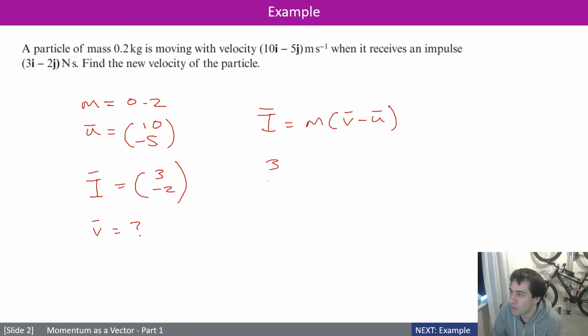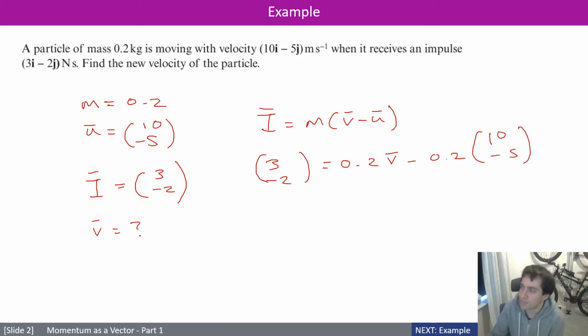So then we've got (3, minus 2) equals 0.2 times v, where v is our unknown. In fact, let's split this up. So 0.2 times v minus 0.2 times (10, minus 5).